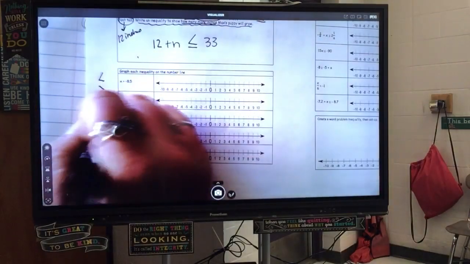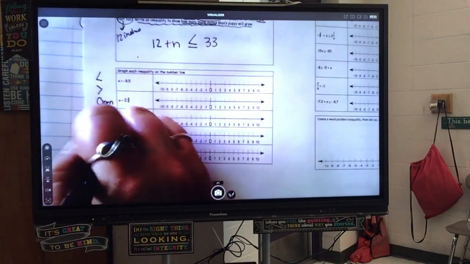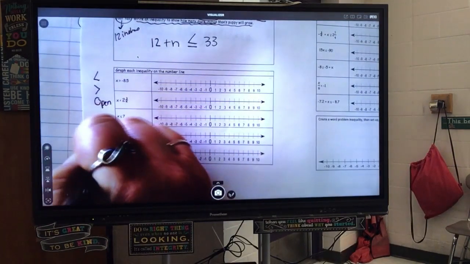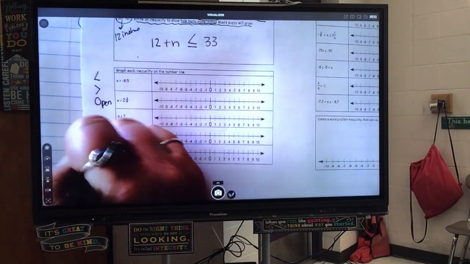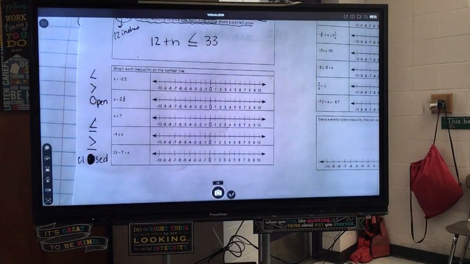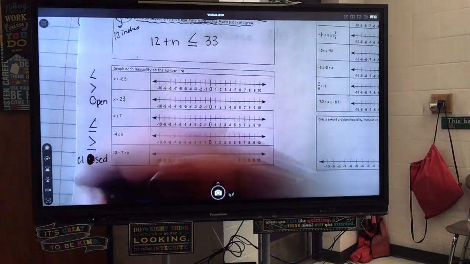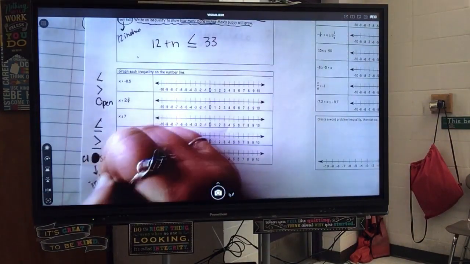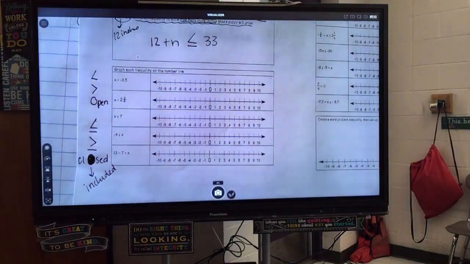Less than or equal to, greater than or equal to, you have a closed circle. This means it is included in your solution set. Your solution set is the set of numbers that will make your statement true.